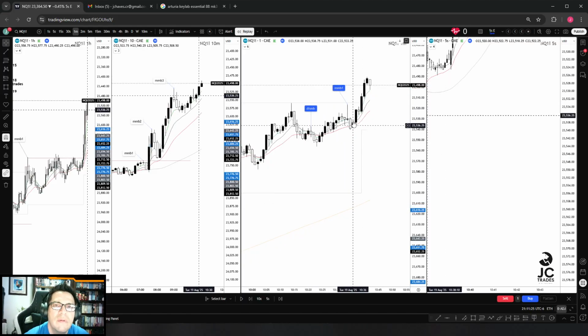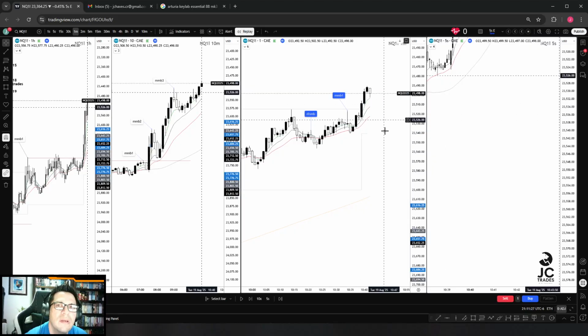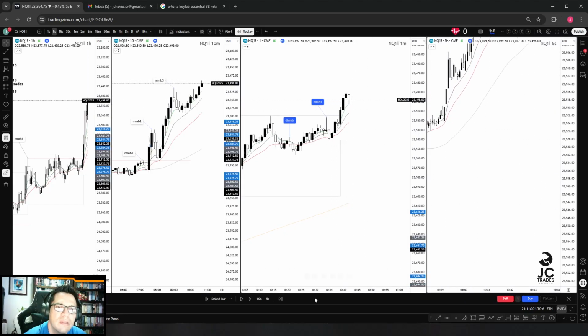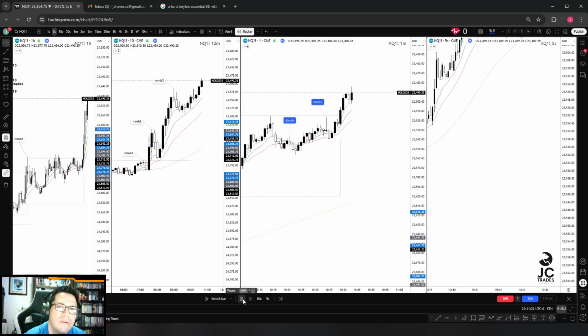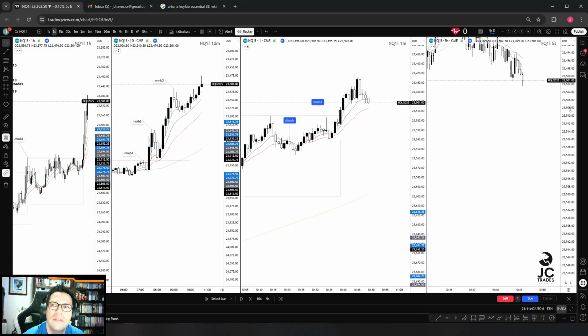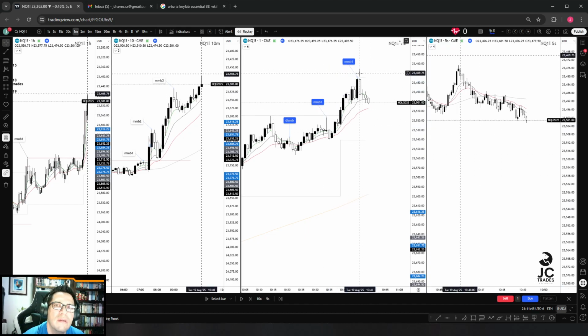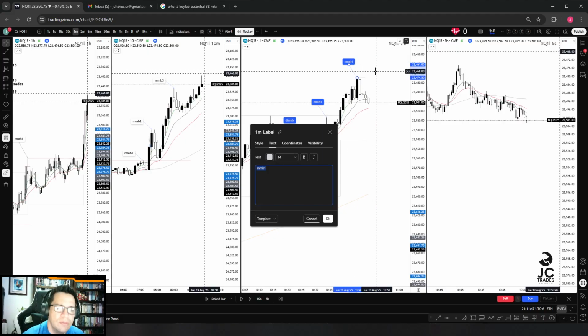And then we had this move here to the upside. So now we gotta wait to see, there's gonna be a flush coming from there. So we get to the 5. Now we're getting there, we're getting a flush. This would be labeled as MMB2.